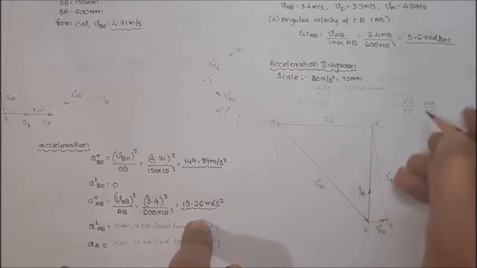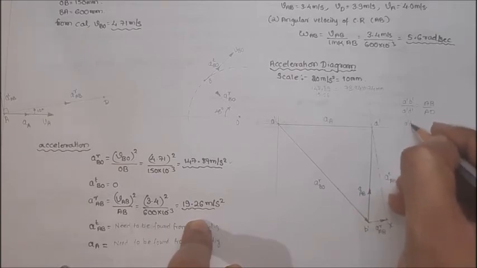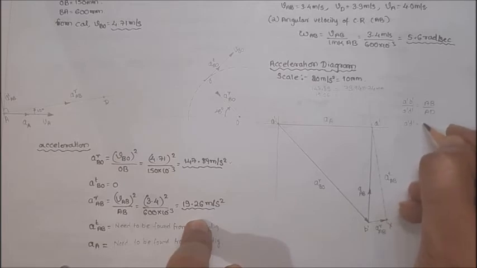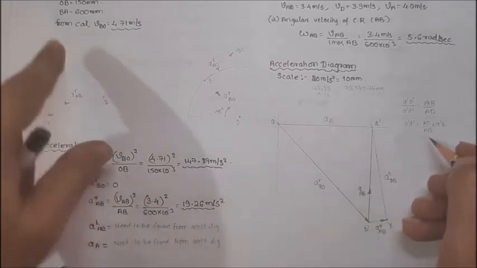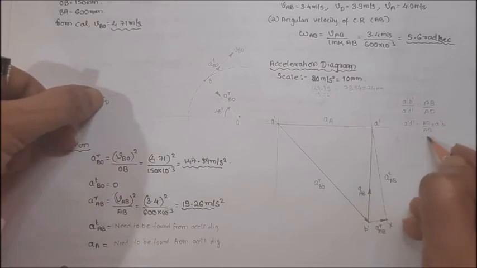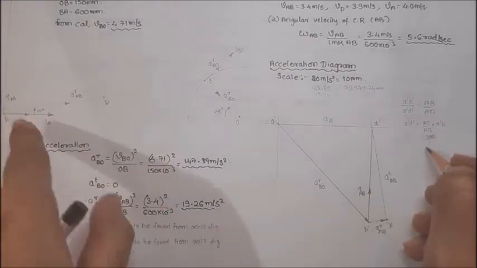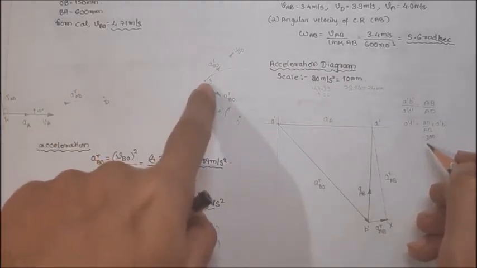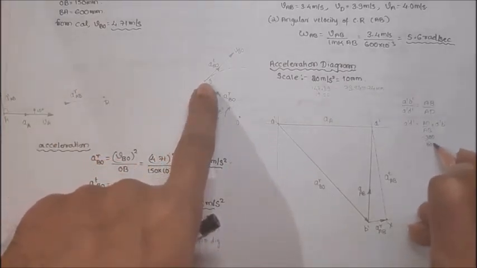So A dash D dash equals AD by AB into A dash B dash. AD, from A to D it is the midpoint, so that is 300 mm, and AB is 600.